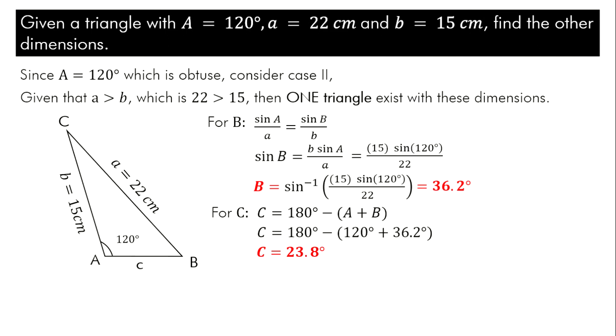Okay, so now for the side C, let's have here sine A over A is equal to sine C over C. Since we now have the angle A, we have the side A, and we identified the angle C, we can now obtain the side C. So we have this formula as we manipulate that: C is equal to A sine C over sine A. Then as we substitute, that is 22 times sine 23.8 degrees all over sine 120 degrees.